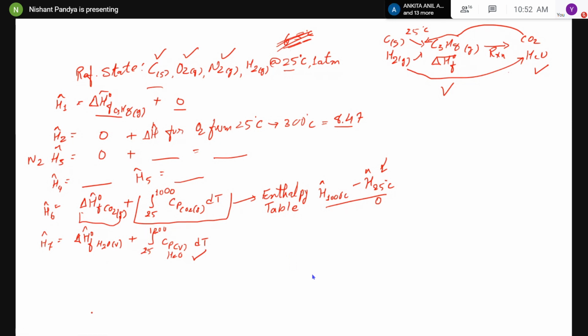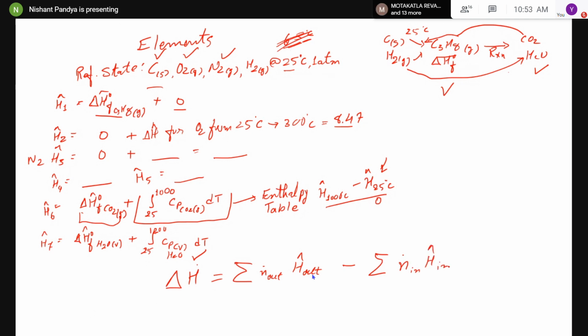Now, when you use this, remember elements as a reference state in this method, your formula for delta H calculation will be different. It will simply be delta H dot equals summation of n dot out times H cap out minus summation of n dot in times H cap in.